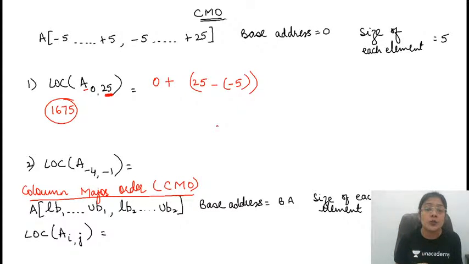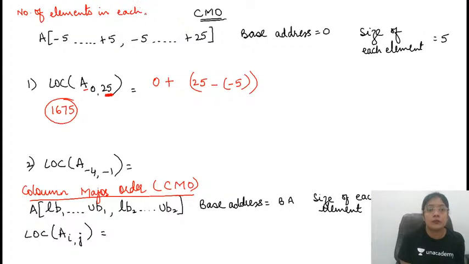How many elements will be there? Number of elements in each column will be equal to number of rows.